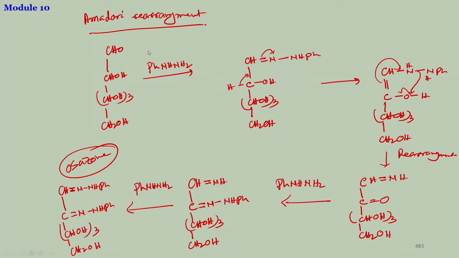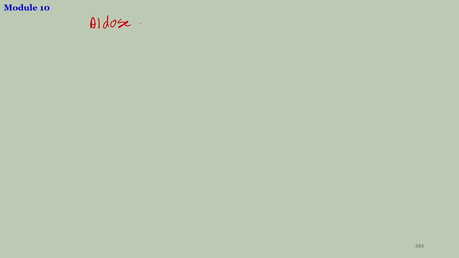So, today I will discuss how we can convert from one type of sugar to the other type, that is, aldose to ketose. For example, if you start with glucose, how can you convert it into fructose? So, in general, aldose to ketose.